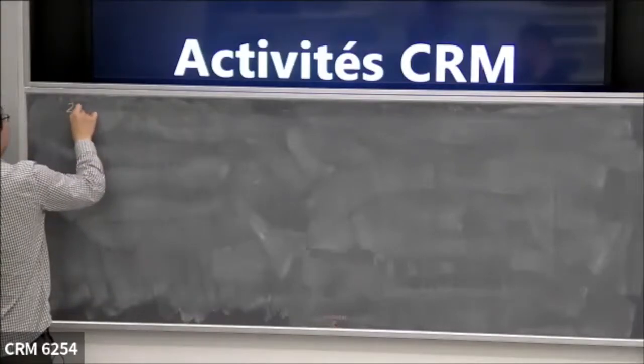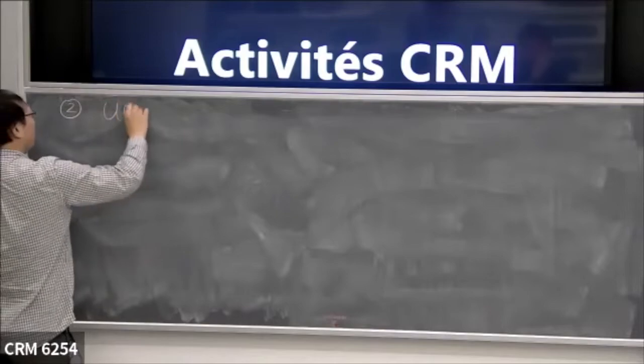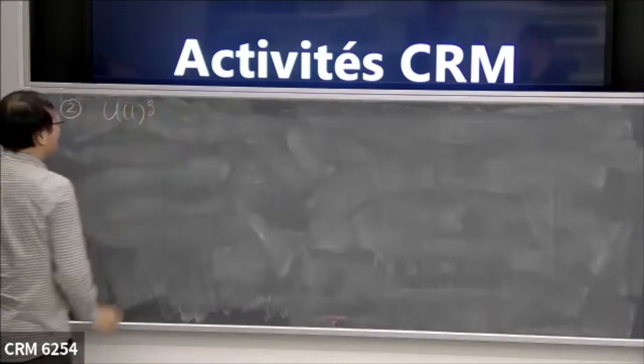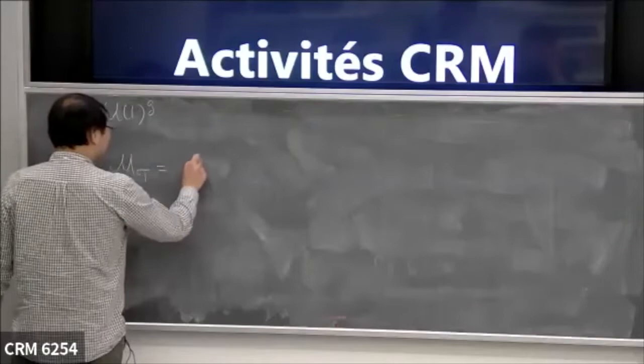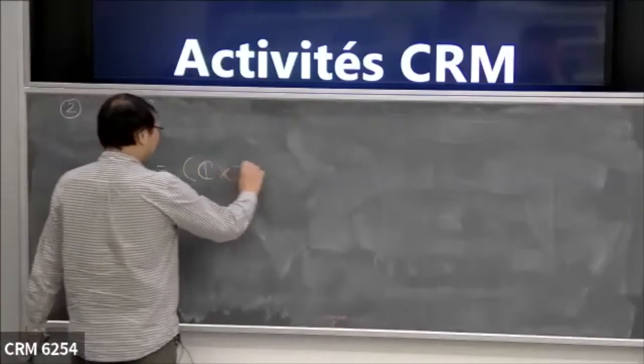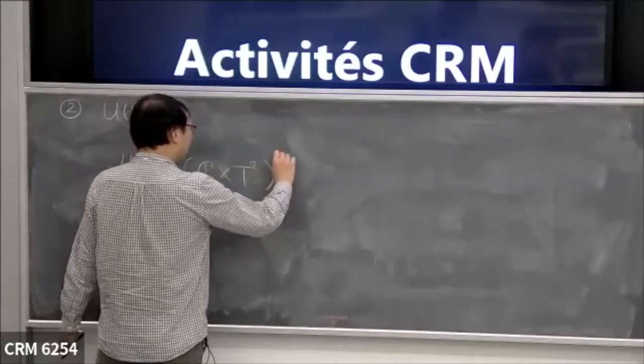Another example is U(1) to the G. I'm taking G copies of this, and it's not surprising that I just have G copies of that Coulomb branch. So M_T now is just C times T2 to the G's power.